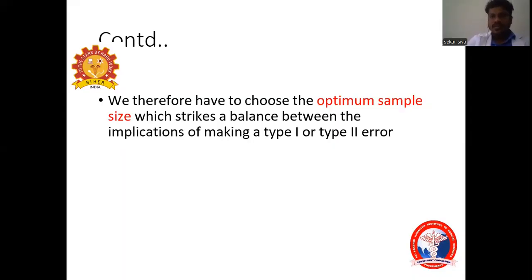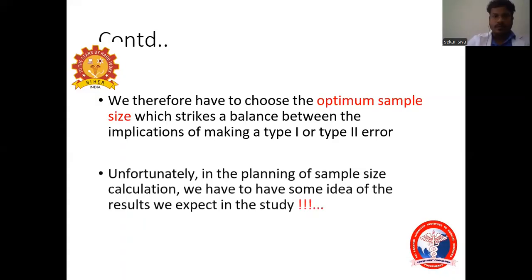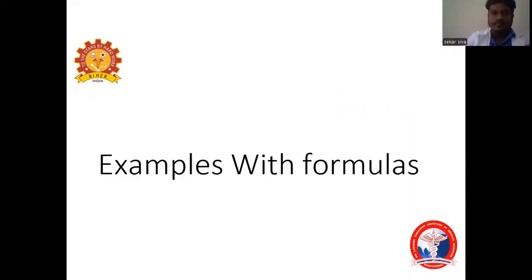Using the type 1 and type 2 error, we calculate the sample size and get a realistic result from the sample to generalize to the population. Unfortunately, in planning the sample size calculation, we must have some idea about the result we expect in the study.